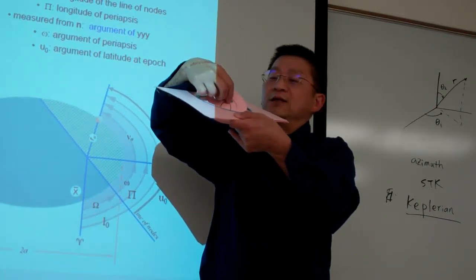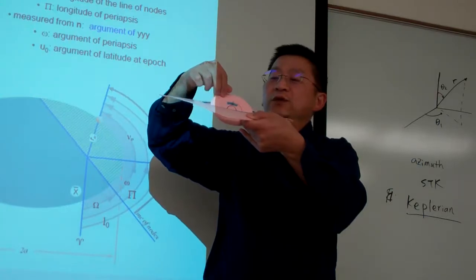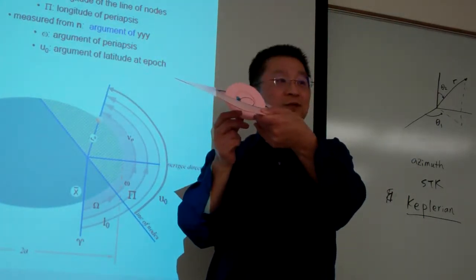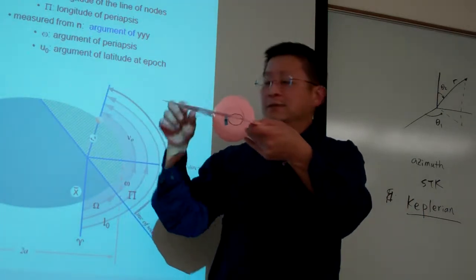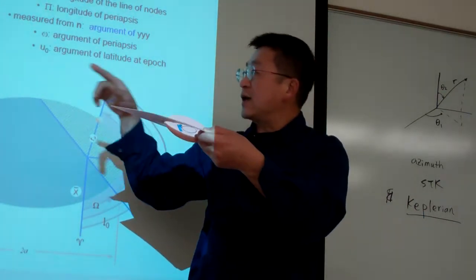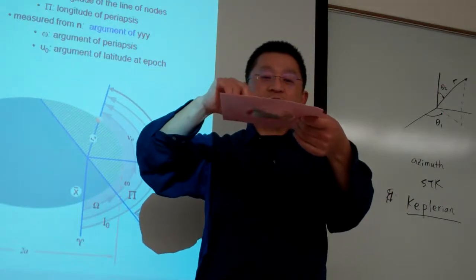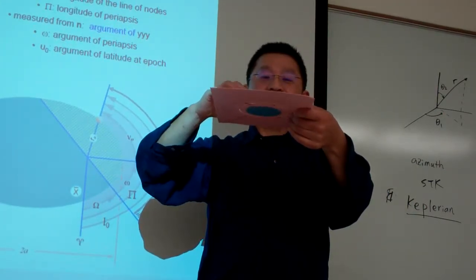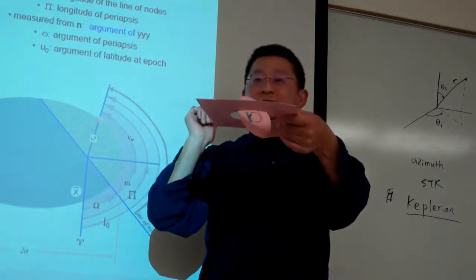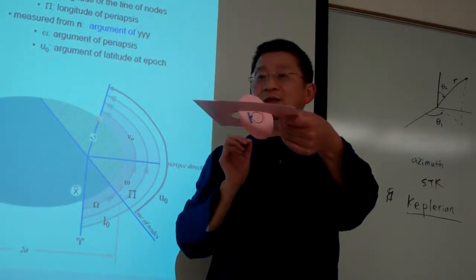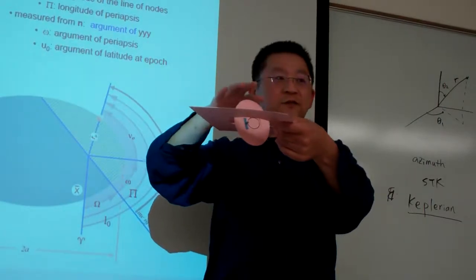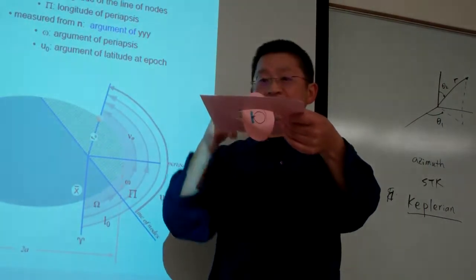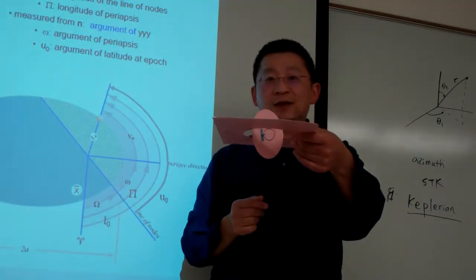It depends on the perigee, pointing to the perigee, maybe here, or maybe here. That is the second, lowercase omega. And the third one is the inclination i. So they have different inclinations, maybe this or maybe this. So those are the 3 elements for defining the orientation of the orbit relative to the coordinate system. Got it?